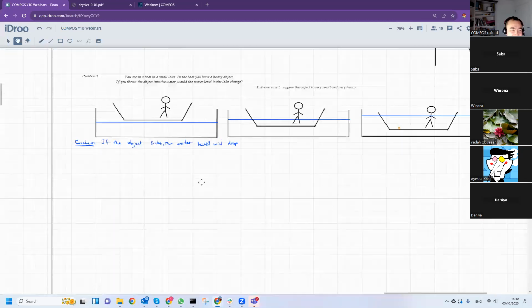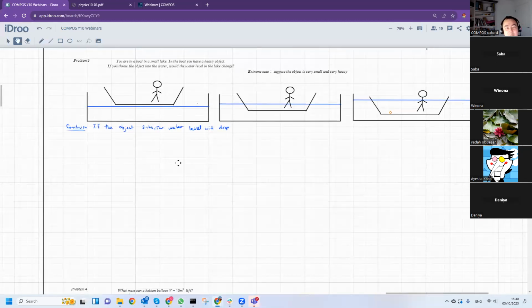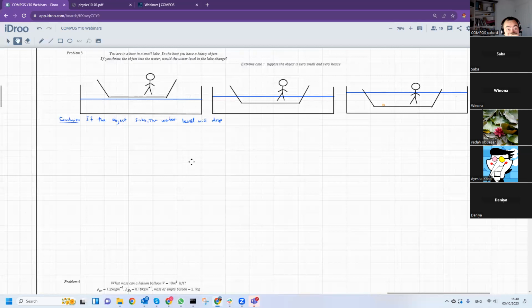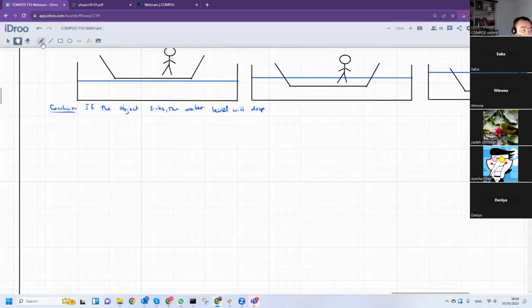Now, the second case, if the object is lighter than water, what if the object floats?